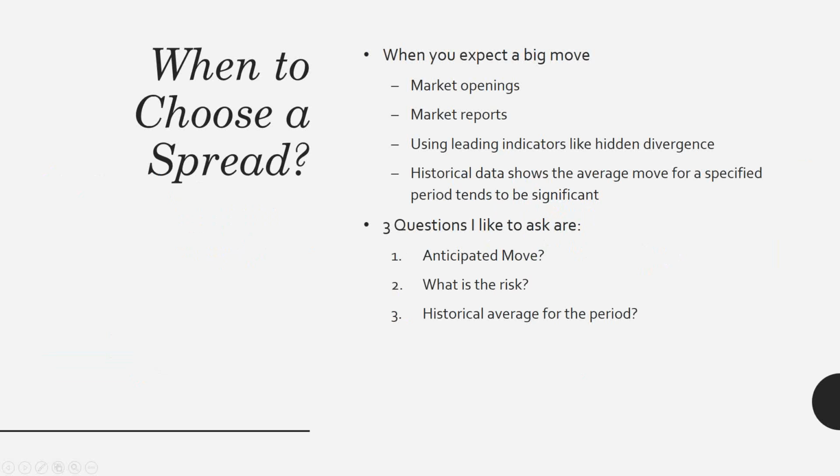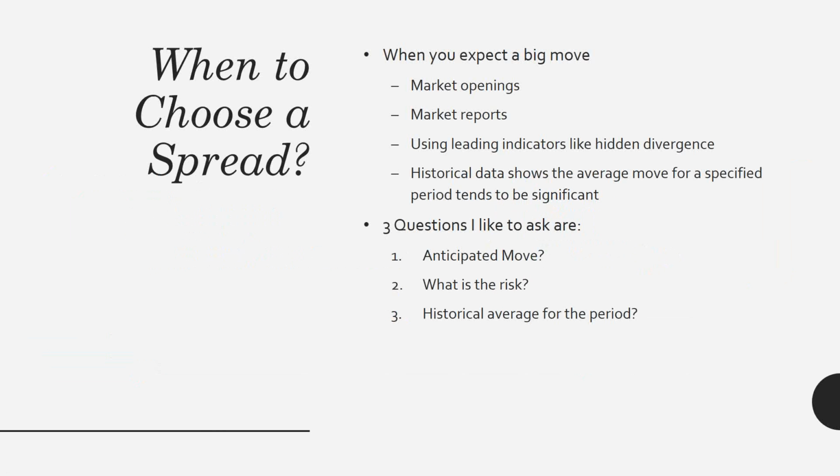Now, this is the big question that everyone has. When do you choose to trade a spread? Basically, when you expect a big move, okay? Market openings, market reports, if you're using leading indicators like the stochastics with hidden divergence.